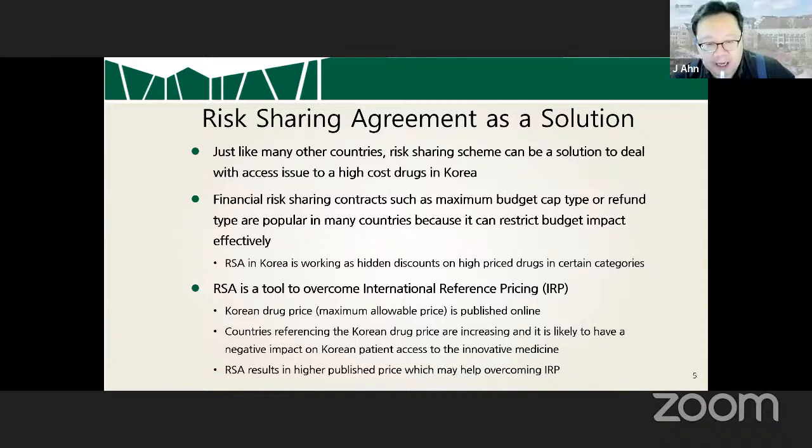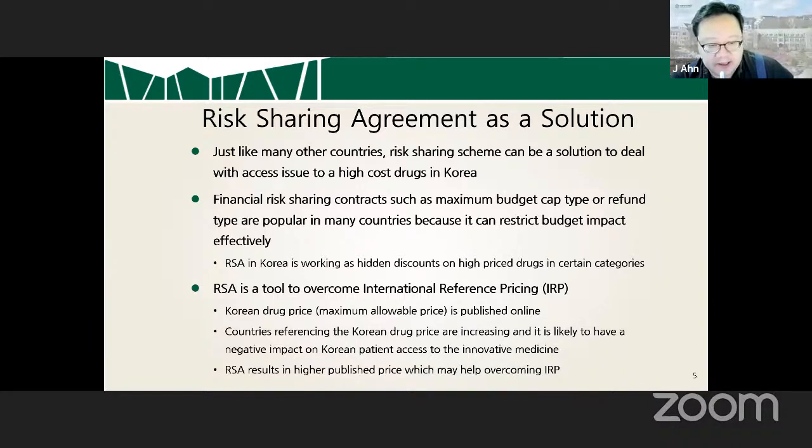One popular way is setting up a budget cap, or setting up a percentage of refund, or sometimes a cap on the per-patient cost, or any other ways, as long as our payer and the company agree upon it and put it into the legal contract, that can be possible.